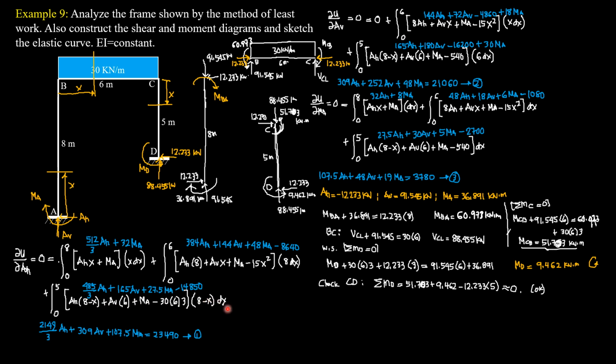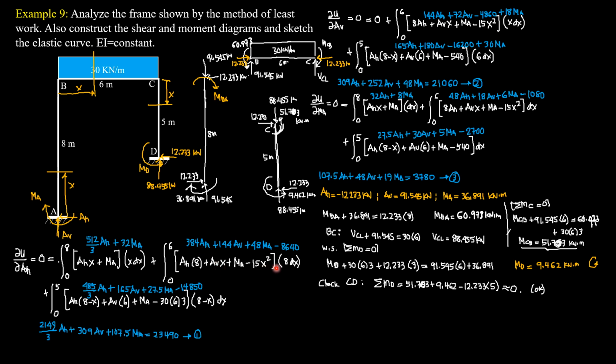Then, evaluating the integral of AH x times x dx, it is 512 over 3 AH. Then the integral of x dx, 0 to 8, that's the coefficient of MA, 32 MA. Then for the next integral of 8 times 8 dx, 0 to 6, is 8 times 8 times 6, 384 AH.